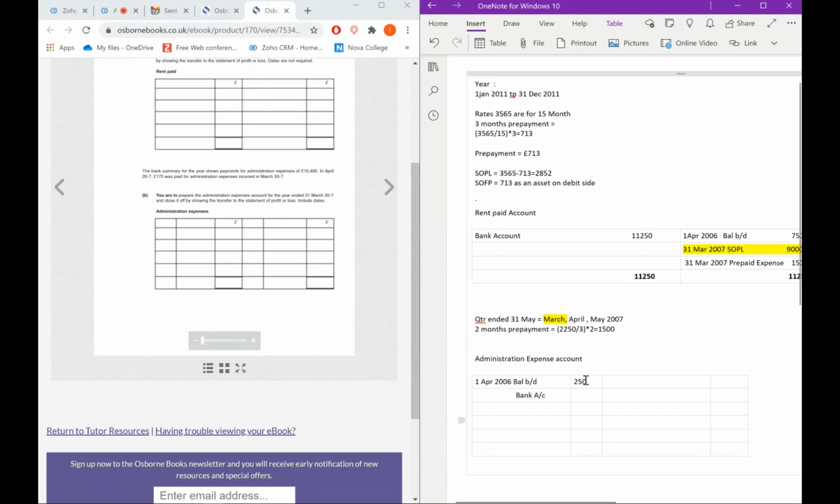10,400 should come on the debit side. Okay, it should go like this.